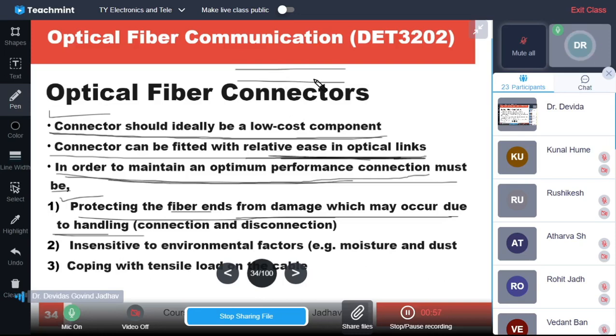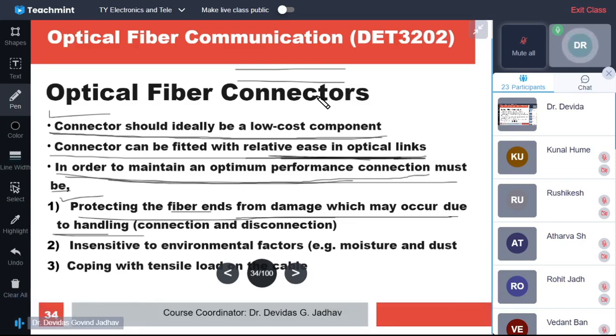In mechanical splicing, there is an assembly with packaging that protects mostly from moisture and dust. There is resin bonding; that resin fills the mechanical splice, matches the index, provides strength, and so moisture and dust will not go into the fiber joint.